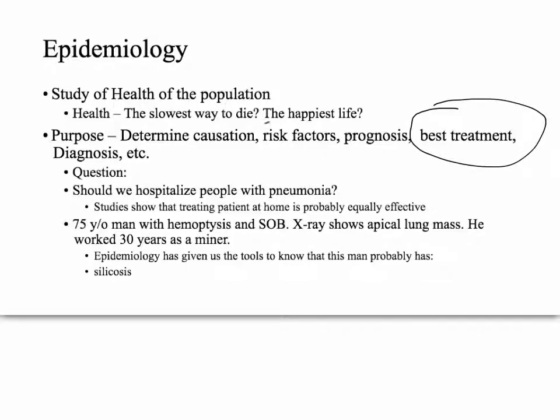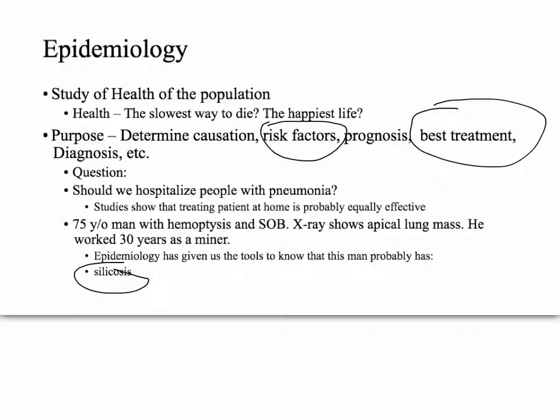A question asking about risk factors may ask something, for example, like if a 75-year-old man with hemoptysis and shortness of breath had an x-ray showing that the apical lung had a mass. He worked as a miner for 30 years. Because of epidemiology, we know that this man probably has silicosis.